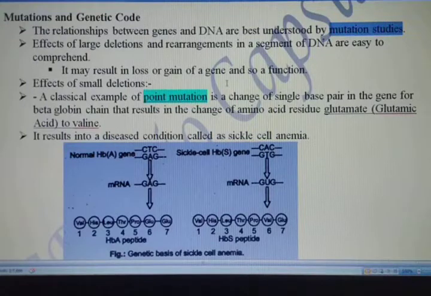So suppose that a large segment of the nucleotide sequence or the nitrogen bases has been deleted because of the mutation process. Then what happens? This can be easily understood and detected because this is going to disturb the function of a particular gene.